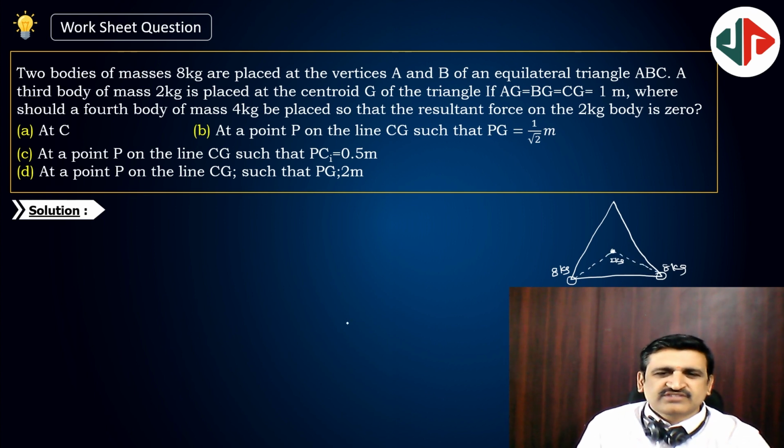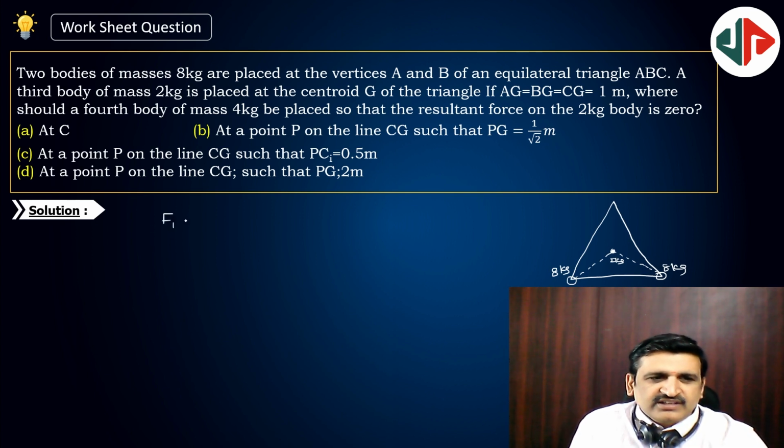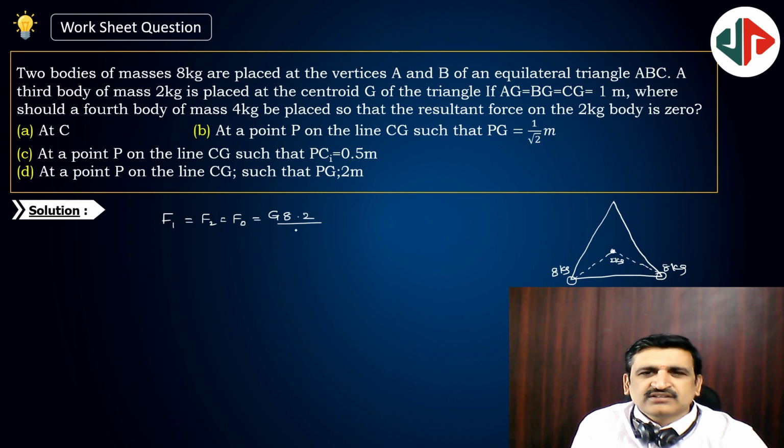Now this one is equal to this one. Resultant force: first of all, we can calculate force F1 is equal to F2 is equal to F0. Two forces will be equal. That is G M1 M2 by R square. The distance AG, BG, CG is equal to 1 meter, so obviously it is 1 meter square.